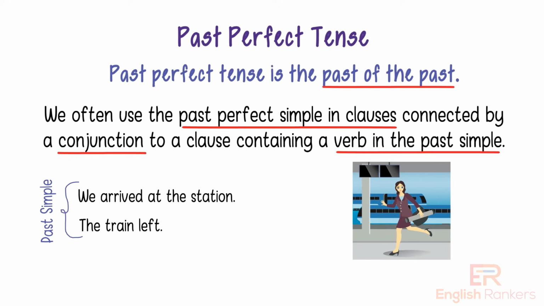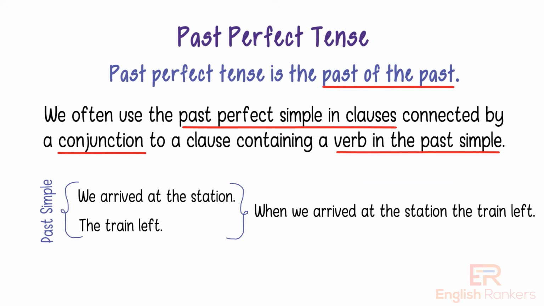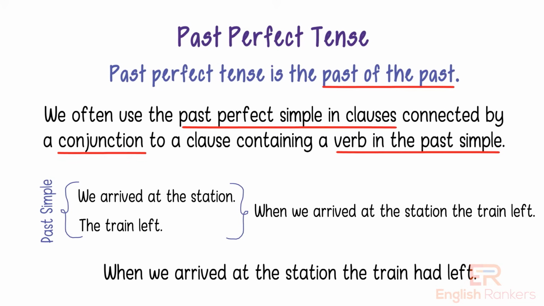Even if I joined these 2 sentences like this, when we arrived at the station, the train left, and I ask you which action occurred first, you cannot answer it correctly. But if I write something like this, when we arrived at the station, the train had left.